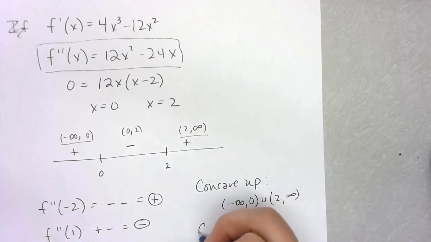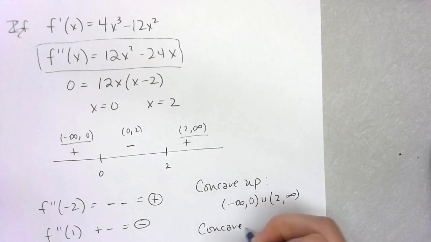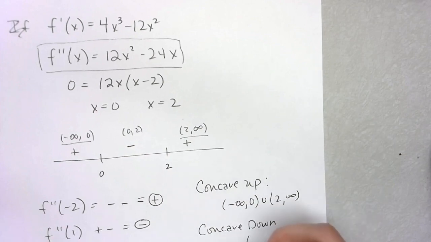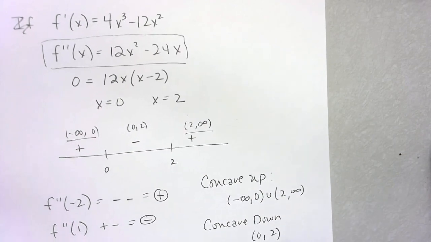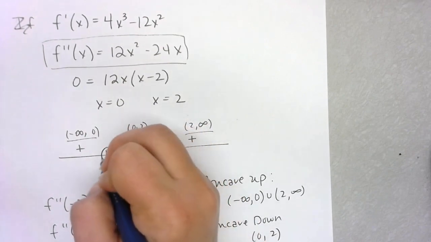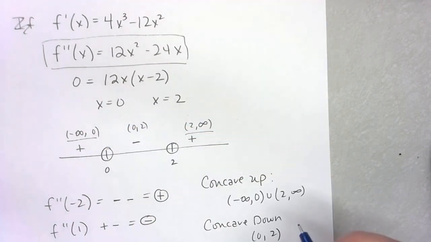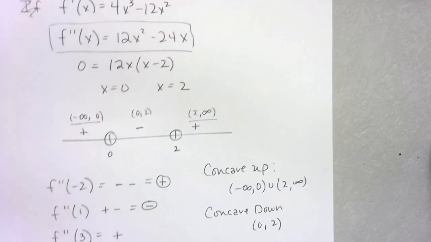And so then concave down would be this part in the middle. So I'm changing concavity here and here. So that means that at 0, f of 0, and at 2, f of 2, these are both points of inflection.